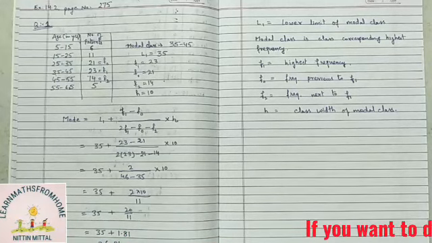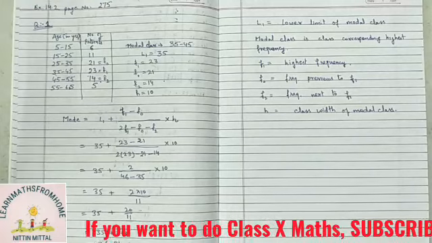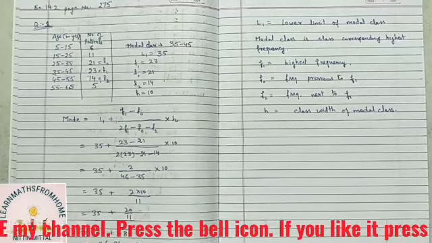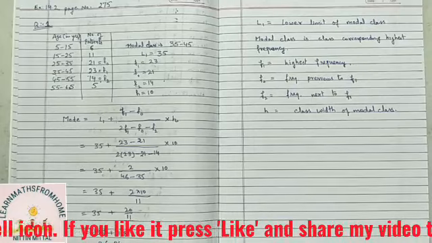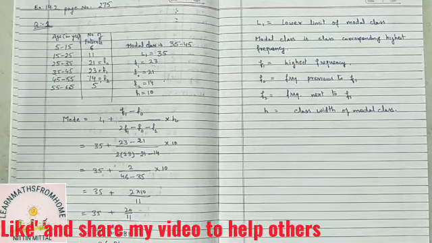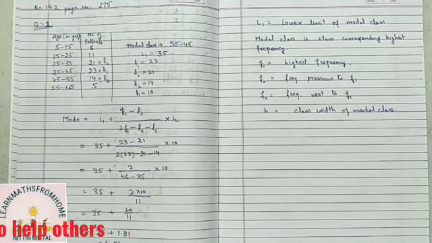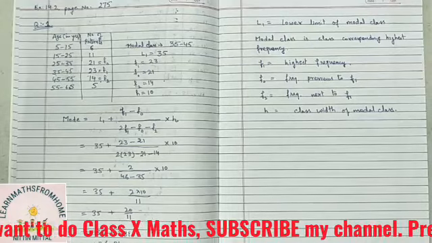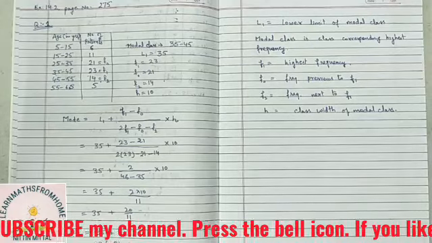This is how we have to find the mode. But one important part that I haven't told you yet: whenever you are asked to find the mode of grouped data, you have to ensure your class intervals are continuous.